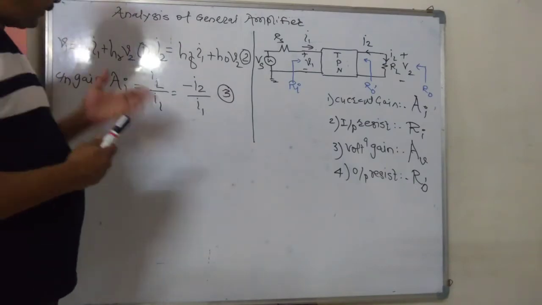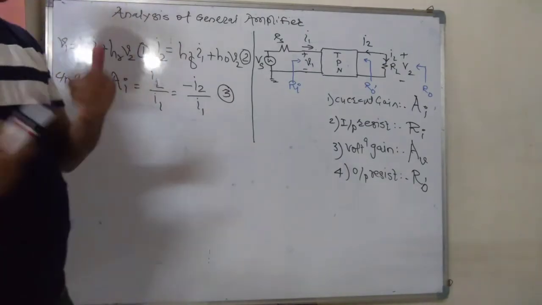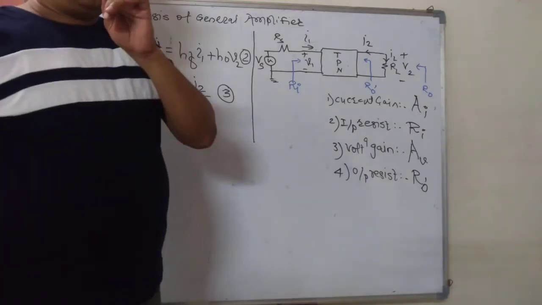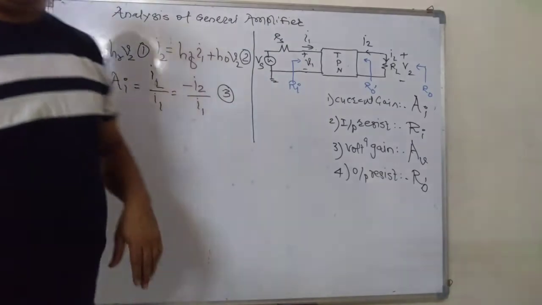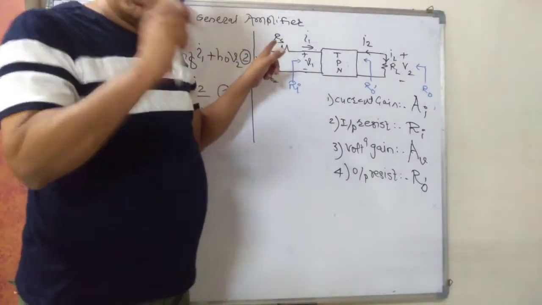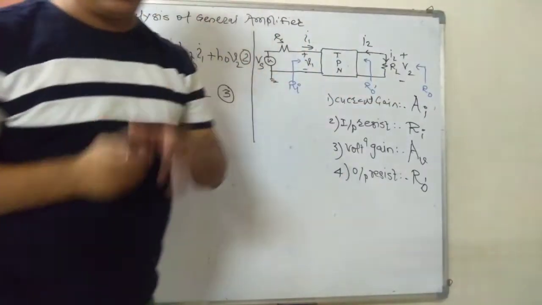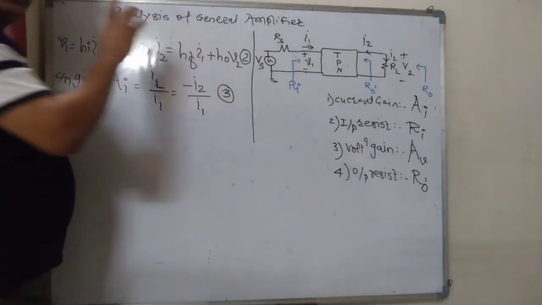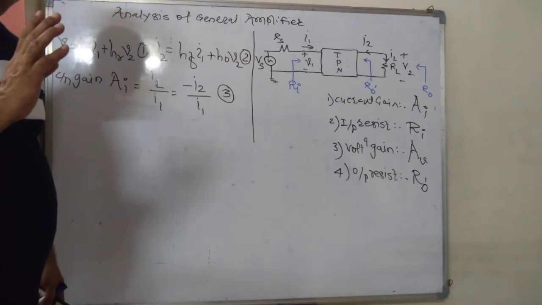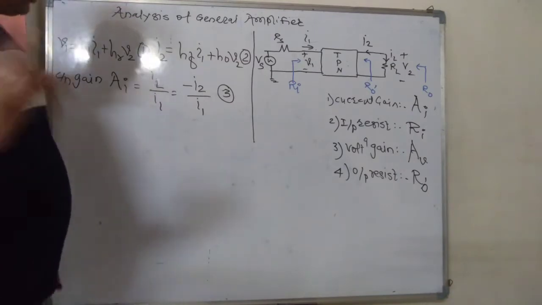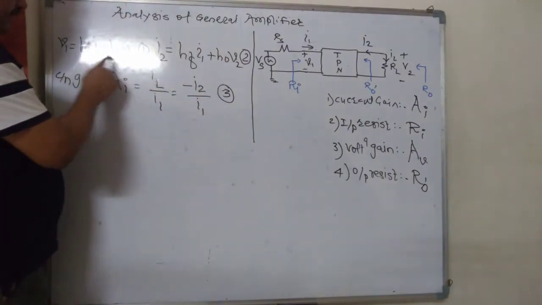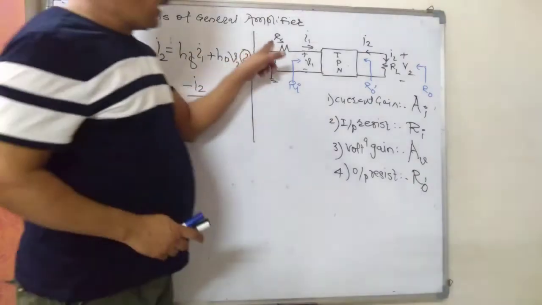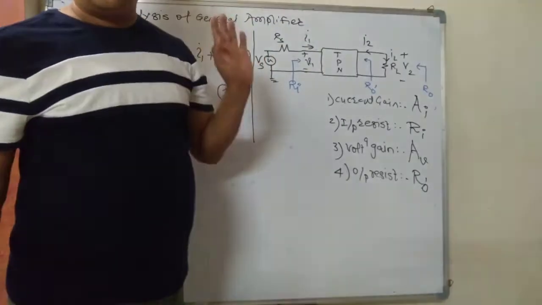Now, to derive a relation means what? We have 6 known parameters. The value of RS is known to us. The value of RL is known to us. The h parameters h_i, h_r, h_f, h_o are also known to us.